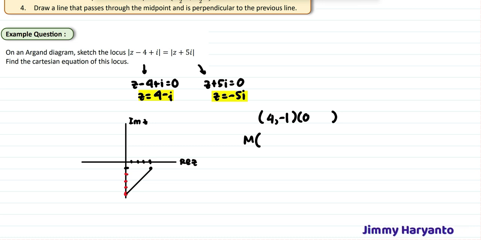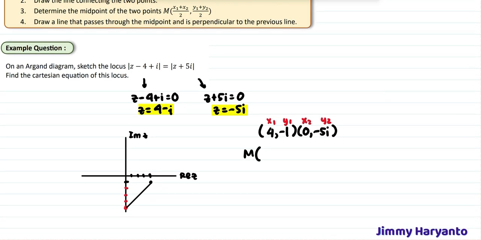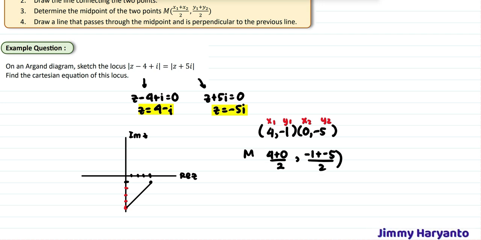So I suggest you rewrite the coordinates first, and then label them like this: x1, y1, x2, y2. The formula of the midpoint is ((x1 + x2)/2, (y1 + y2)/2), so (4 + 0)/2, comma (y1 + y2, sorry, this one without i)/2. So the midpoint will be (2, -3).